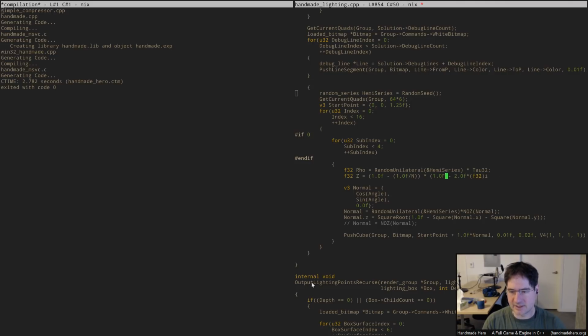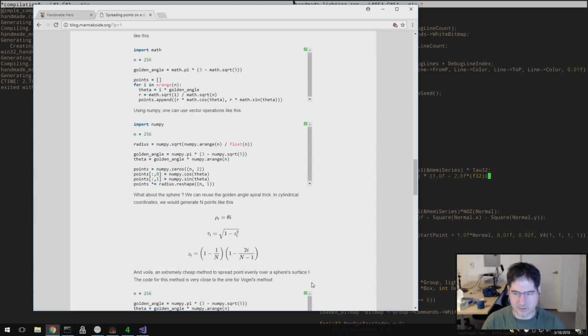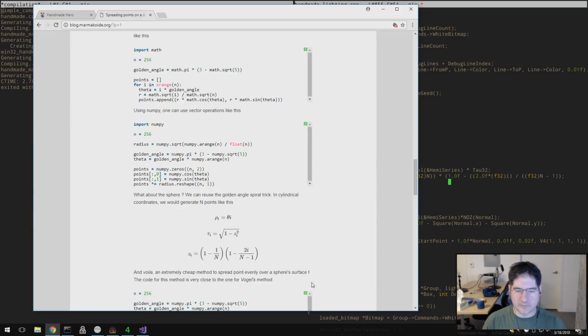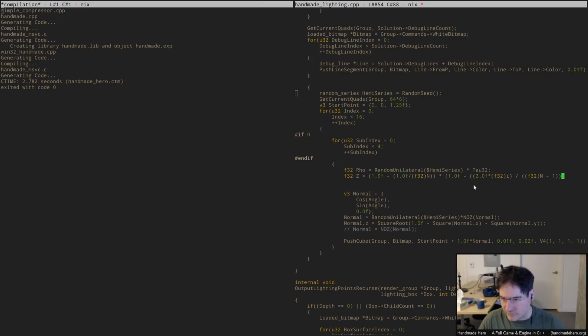Because I is going to be an integer, and we want to be doing these as floating point calculations. And then we're going to divide that here by n minus 1. And there's the complete equation. So we know that that's the equation for producing the z value. Let's go ahead and divide that out here. I believe that's right.